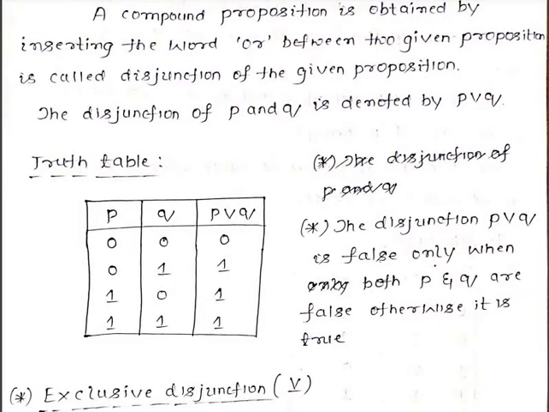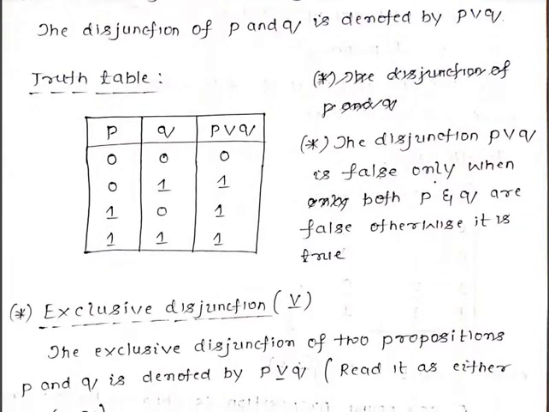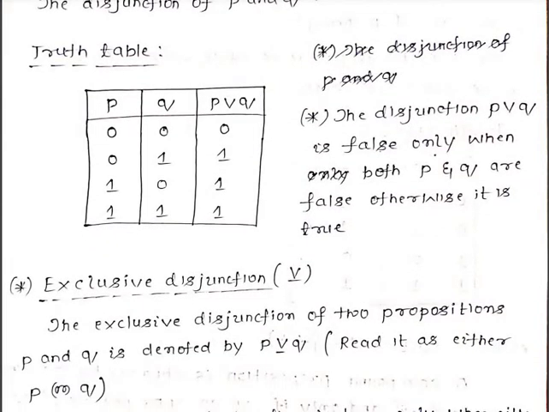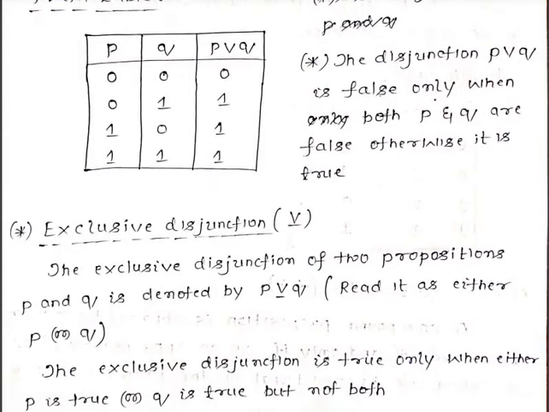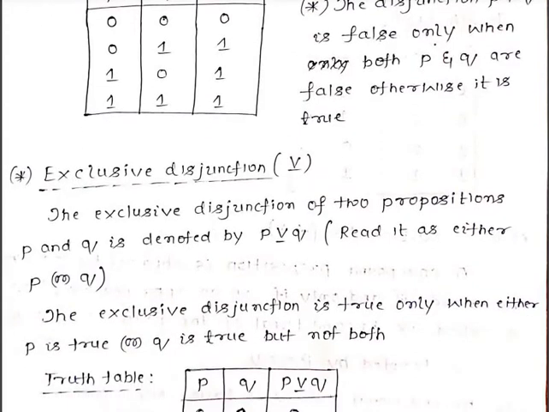Now let us go for the next one, that is your exclusive disjunction. Disjunction means what? Or, right? Exclusive disjunction is represented with this symbol: the disjunction symbol, along with a small hyphen under it.